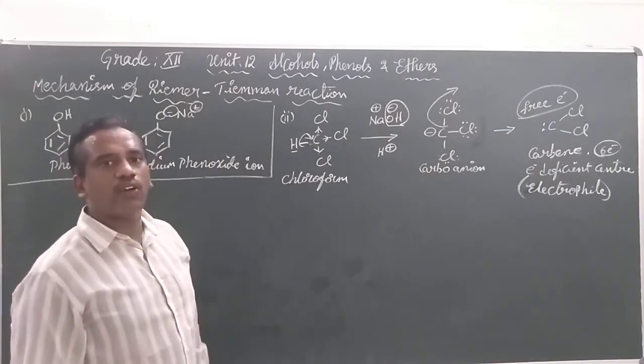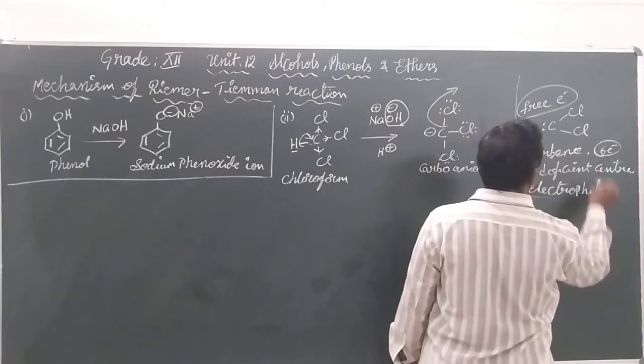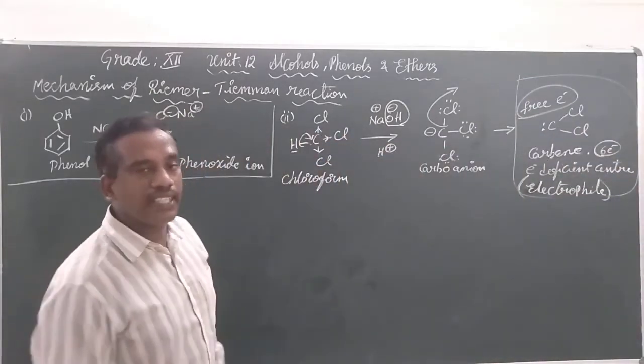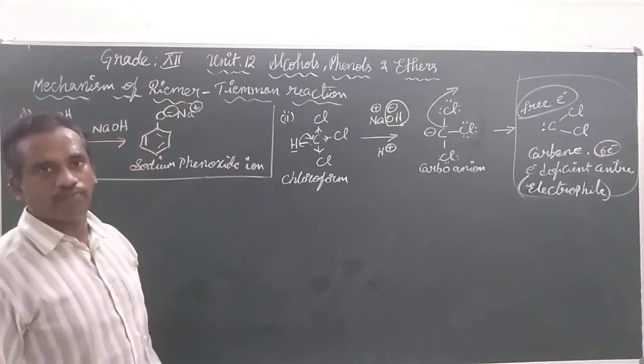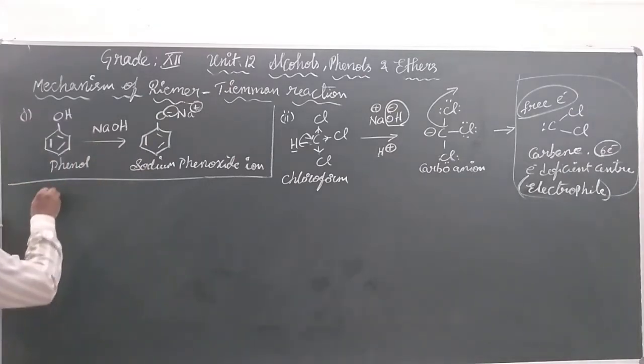Now this is the electrophile in this reaction. What is the electrophile in the Reimer-Tiemann reaction? The reaction intermediate in the Reimer-Tiemann reaction is the carbene. So let us see step 3.